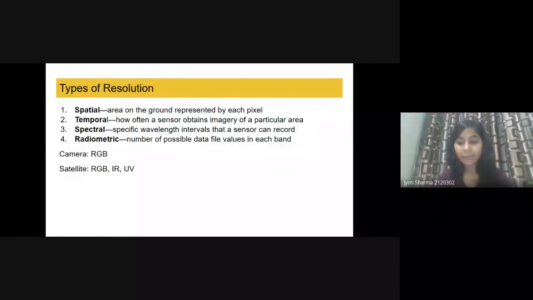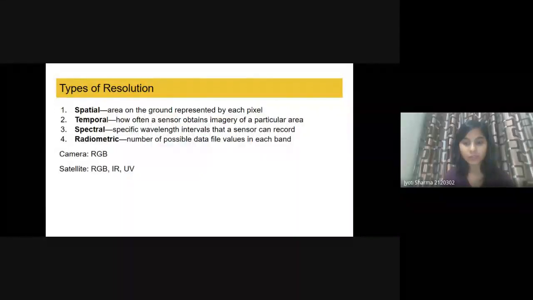So our sensor should be such that it can sense different types of wavelength. If it is not differentiating between different kinds of wavelength, then we call it a low spectral resolution. Are you getting it?